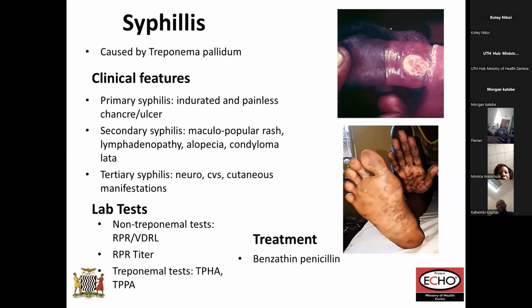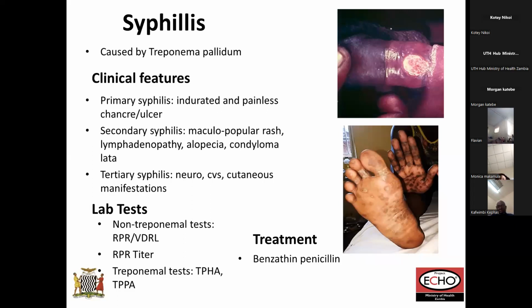Under early syphilis, when one acquires syphilis over the first 1 year period, they may present with a primary syphilis, which will be a primary chancre or ulcer, which is usually an indurated and painless ulceration. You can distinguish it from a herpes ulcer, because with herpes there'll be multiple grouped ulcers and they'll usually be painful. But for syphilis, it won't be painful.